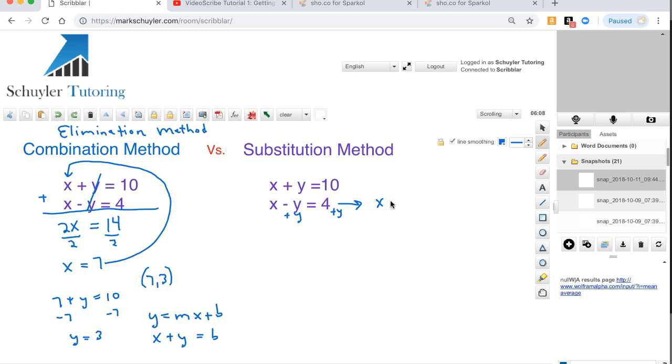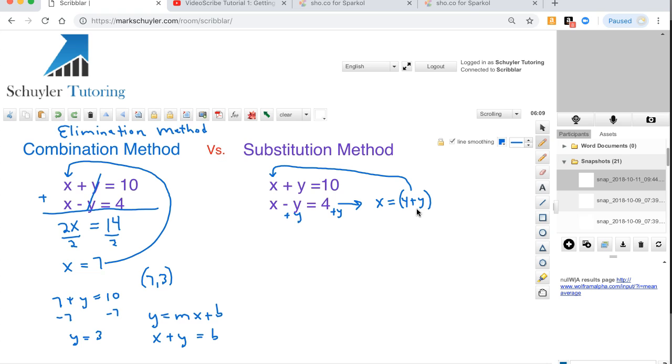So I'm going to rewrite the bottom equation as x equals 4 plus y. And I'll put a little pair of parentheses around that to make it clear. Now that we've rewritten the equation, so it's just in terms of one of the variables, in terms of x, we can drop in what we know x is into the other equation.